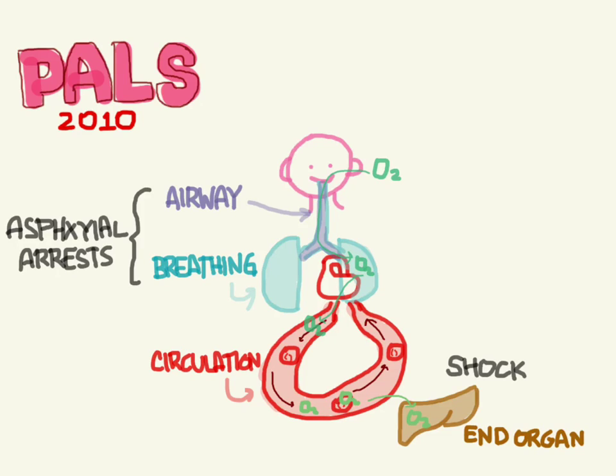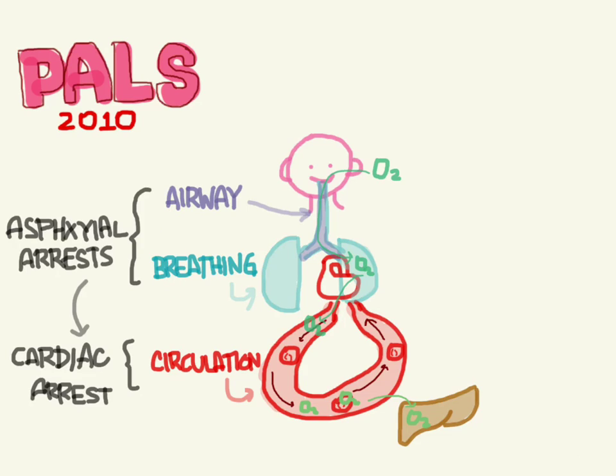And then this leads to cardiac arrest. So a lot of times, if you can fix problems with A and B, you could prevent the problems with C. Now, as an aside, in adults, it doesn't usually work like this. Usually it's cardiac arrest that starts the whole process.